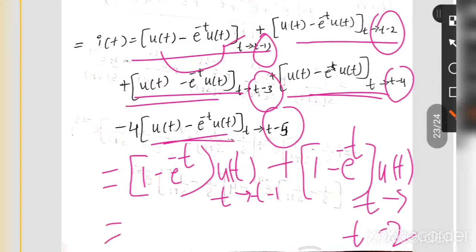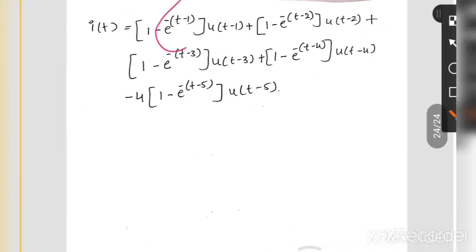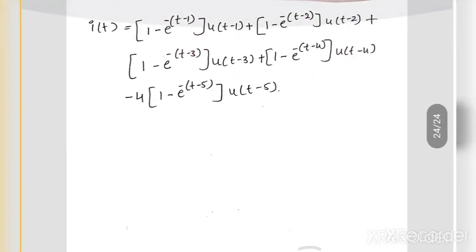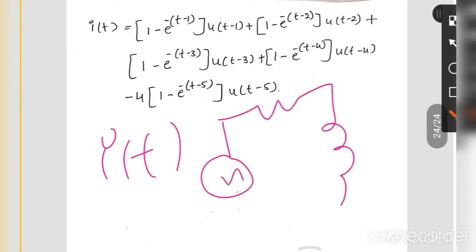Wherever we have t, we substitute t minus 1, t minus 2, t minus 3, t minus 4, and so on. So this is our required current of the RL series circuit, where the voltage supply is a staircase.